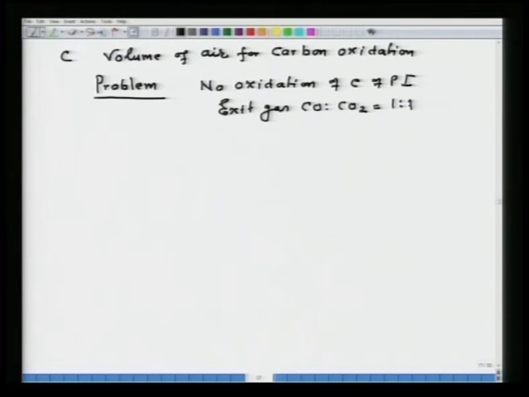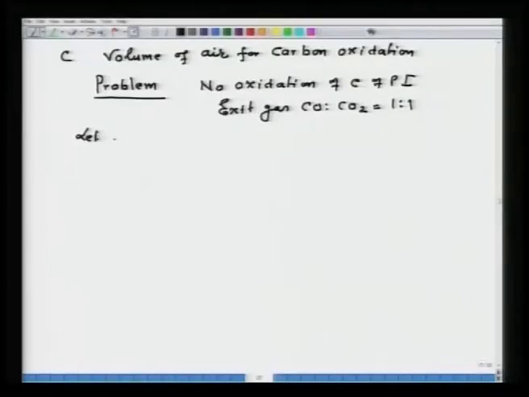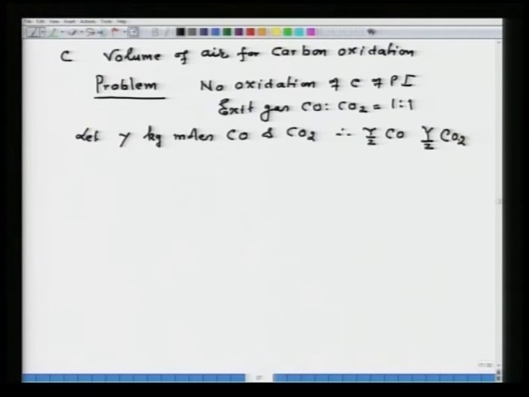So, we have got a clue. We have to do carbon and oxygen balance. Let us take y kg moles of CO and CO2. Therefore, y by 2 kg mole CO and y by 2 kg mole CO2.